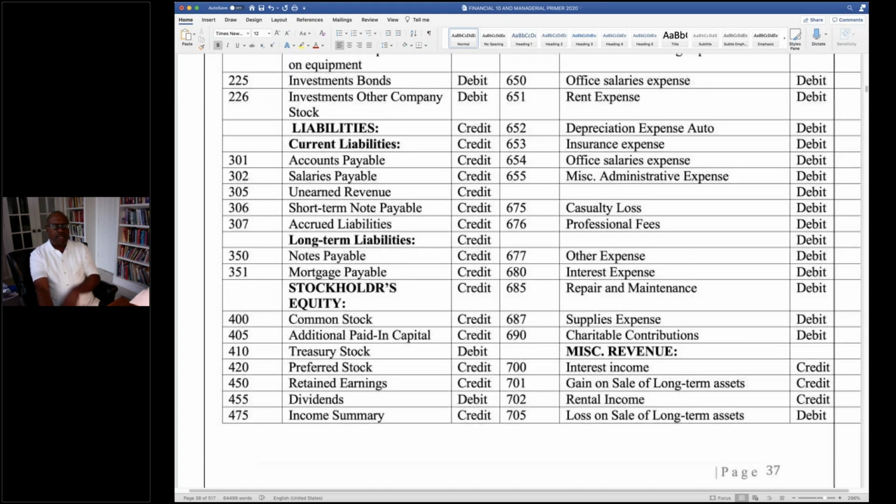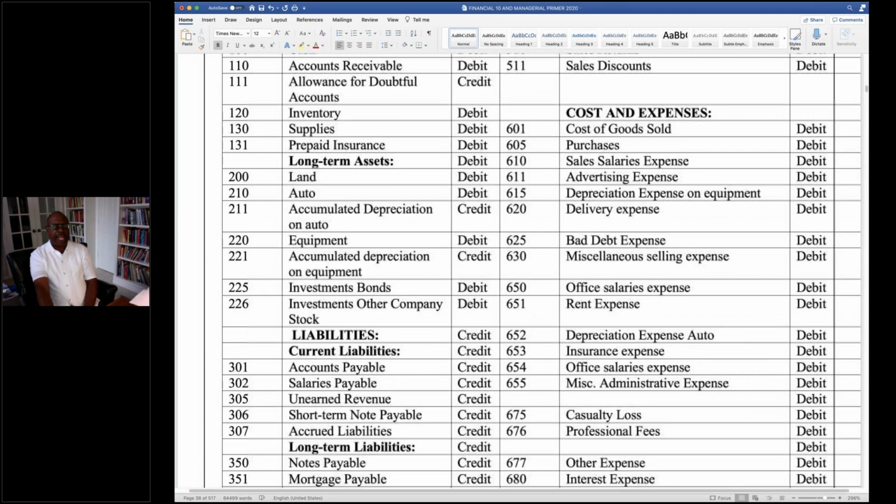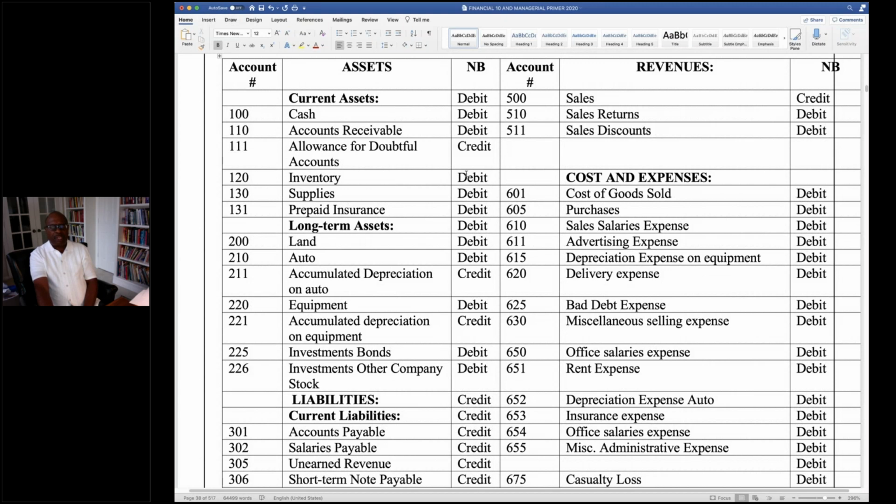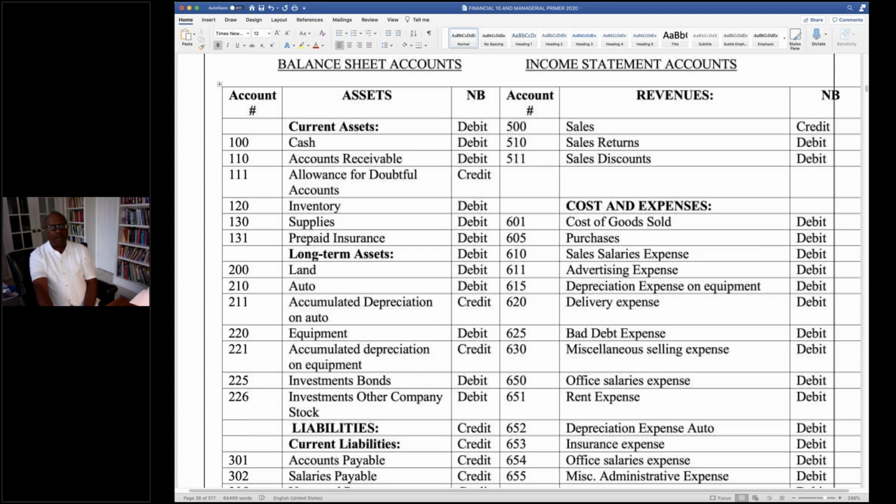So you want to be paying attention to that as you look at trial balances to make sure that your accounts have the normal balances. Or if I give you just a listing of accounts, you know you can look at the normal balances and reconstruct a trial balance with just the accounts. So you're supposed to always have this handy.